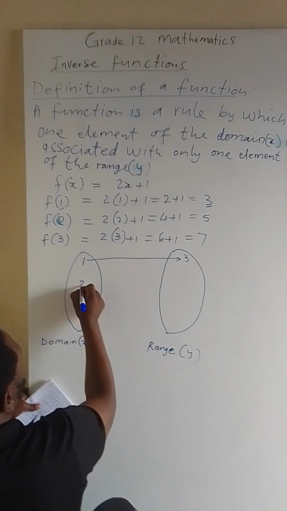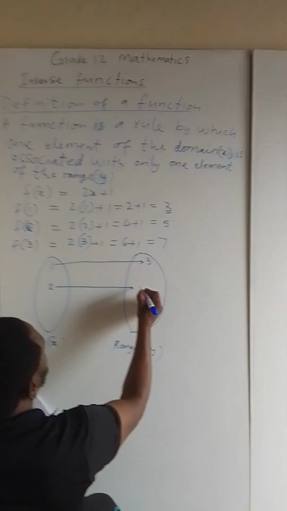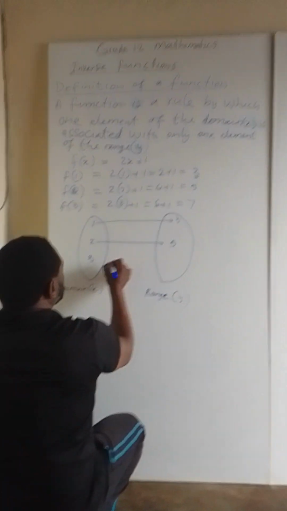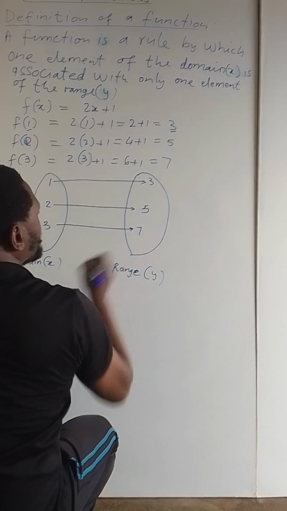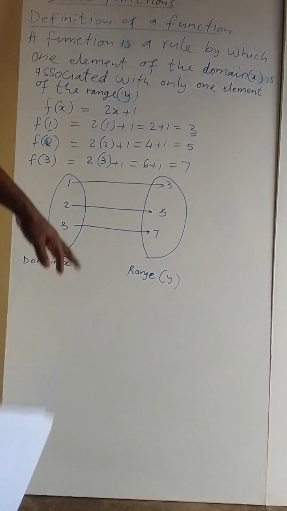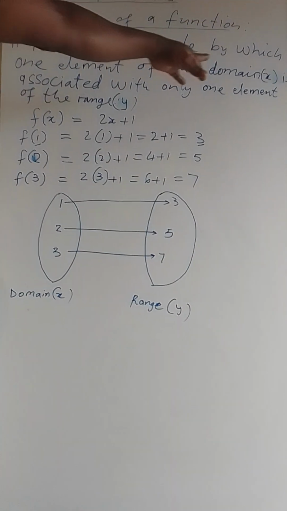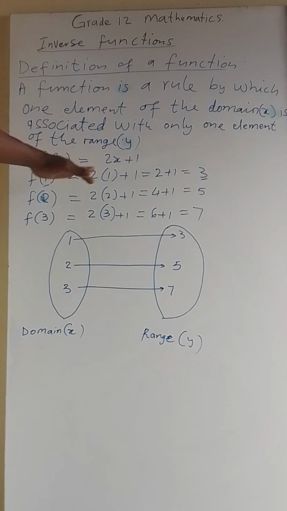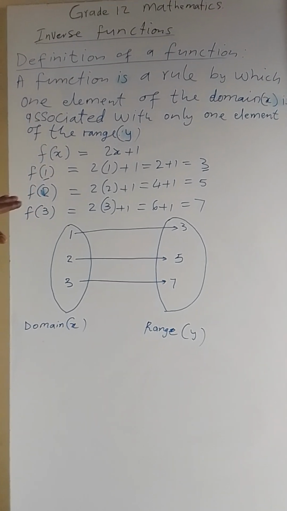When x is 2, your range is 5. And when it is 3, it maps to 7. Now, this is the practical example of the function. They said one element of the domain is associated with only one element of the range. This is a perfect example of a function.